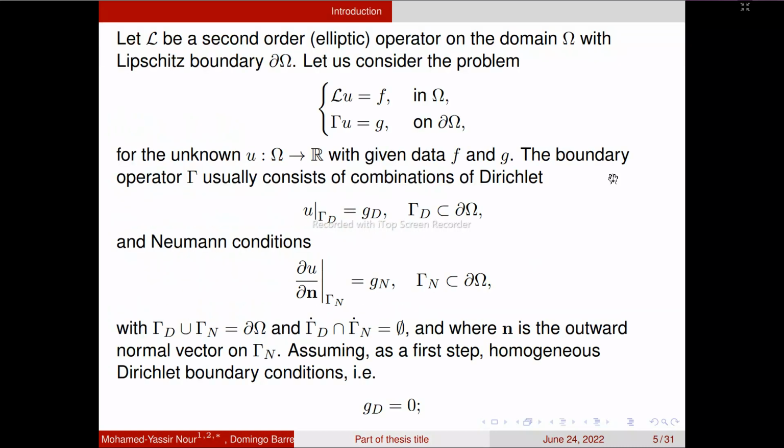Now let's start with the introduction, and let's take this example of a differential problem, for example an elliptic problem that is characterized by this equation, where L is an operator, and we have a boundary condition, either Dirichlet or Neumann.